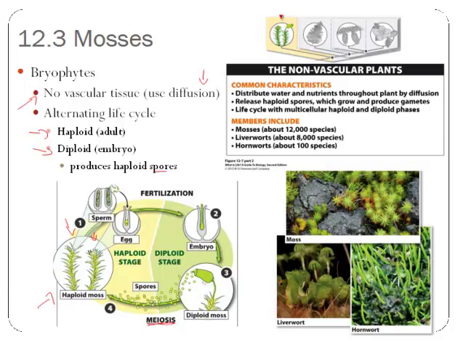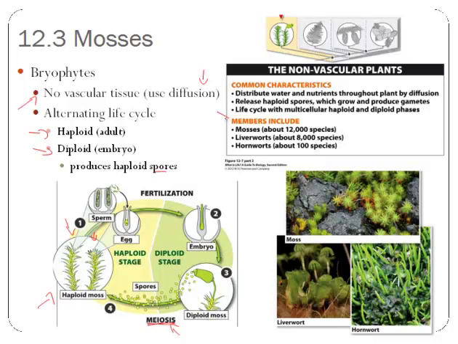This is where it does reduction division to make spores. So now we have these haploid spores. Those spores, wherever they land, if it's a favorable environment, are going to grow into an adult moss. Back at the adult stage, these just produce sperm and egg. They don't need to go through meiosis to make sperm and egg, because sperm and egg are already haploid, because meiosis was used to produce those spores.